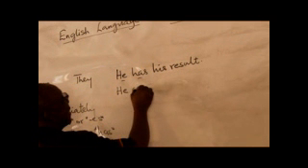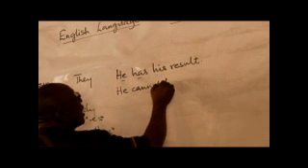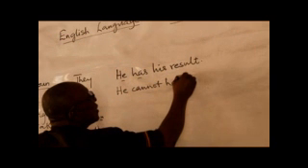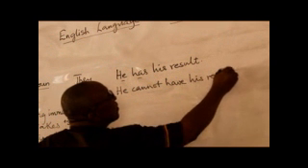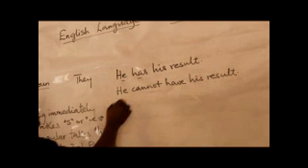So you have he cannot have his result. So this has come between the third person and have.